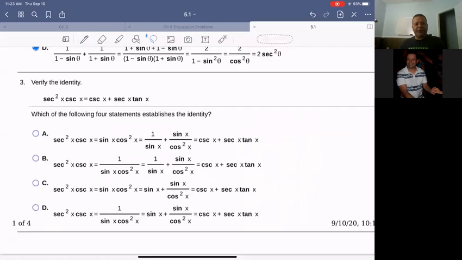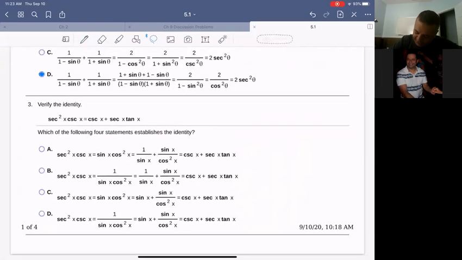I'm going to start with the left-hand side, which says secant squared of x cosecant of x equals. Now I'm going to write secant squared as 1 over cosine squared, times 1 over sine x.